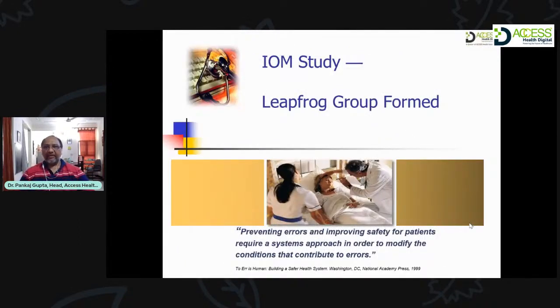What happened is this report shook up a lot of large employers. You had large employers that employ large populations in a particular region. I can give you some examples.